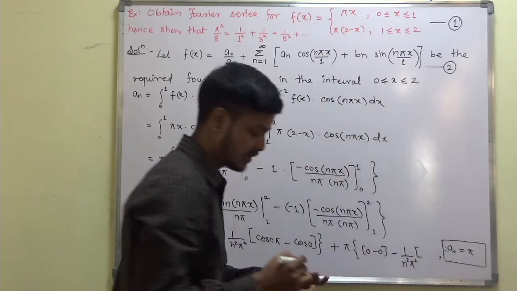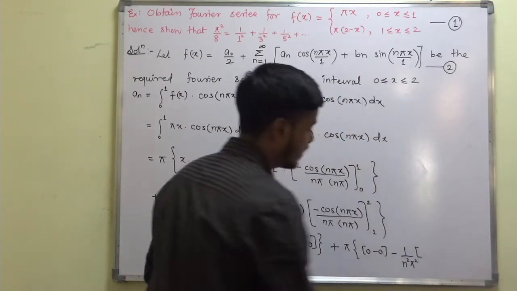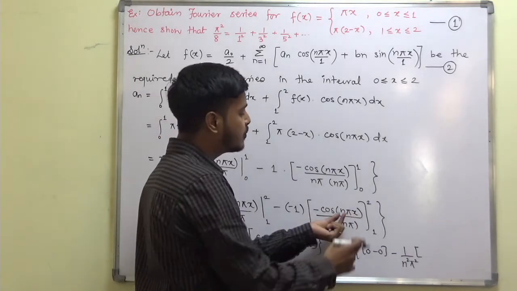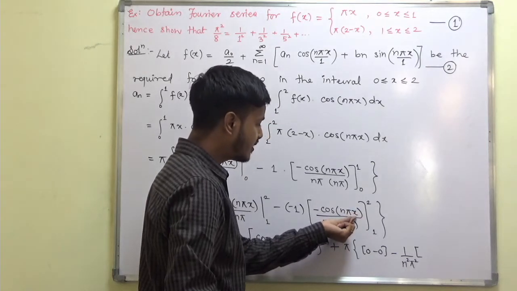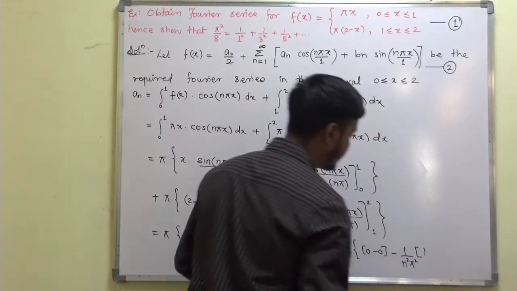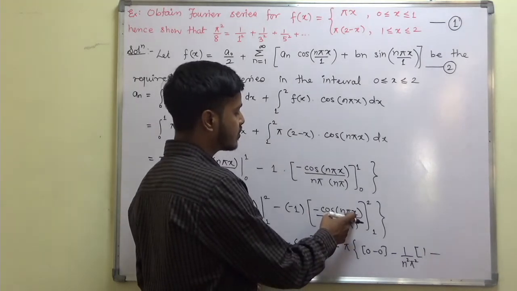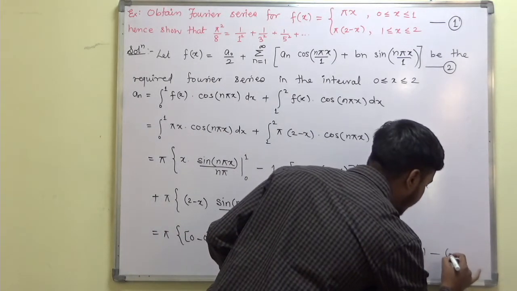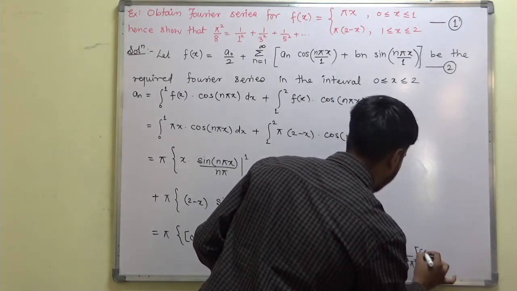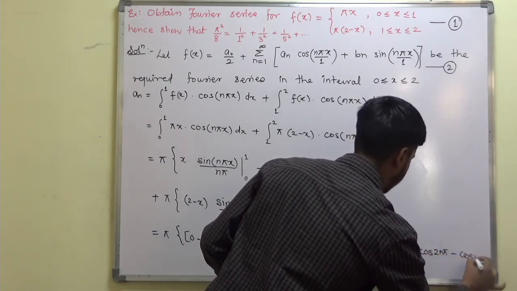And in bracket, put x is equal to 2. The moment you put x is equal to 2 over here, it will give you cos 2 n pi. Cos 2 n pi is 1, minus lower limit. Put x is equal to 1, so this is cos n pi. For the time being you can just write here cos 2 n pi minus cos n pi.